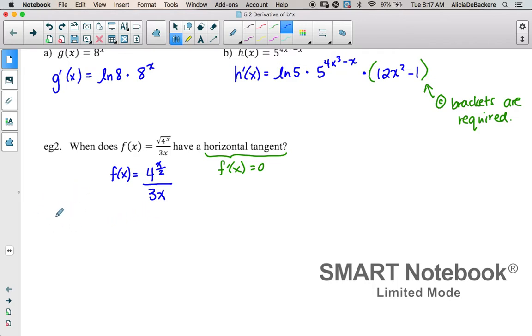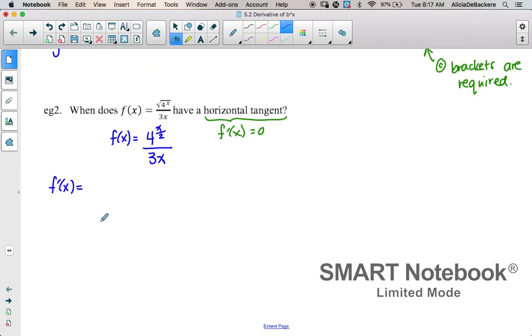All right, we're going to take the derivative because we want to figure out where it equals 0. So I've got a quotient rule here. I'm thinking about, I've got a u on top and a v on the bottom. So taking the derivative of the top, we've got an exponential with base 4.